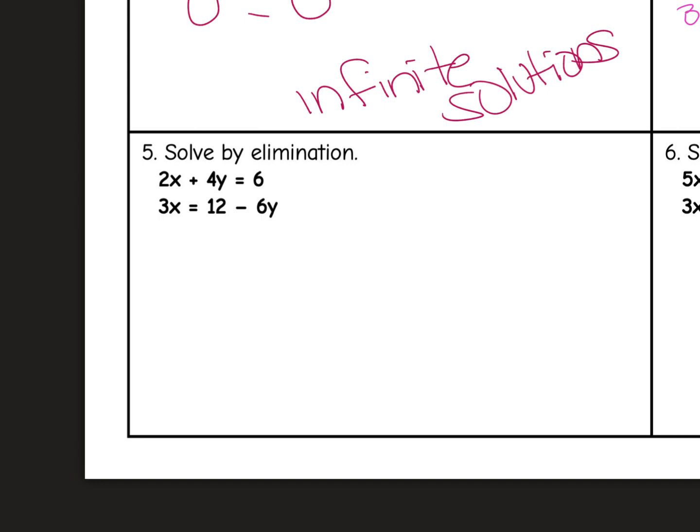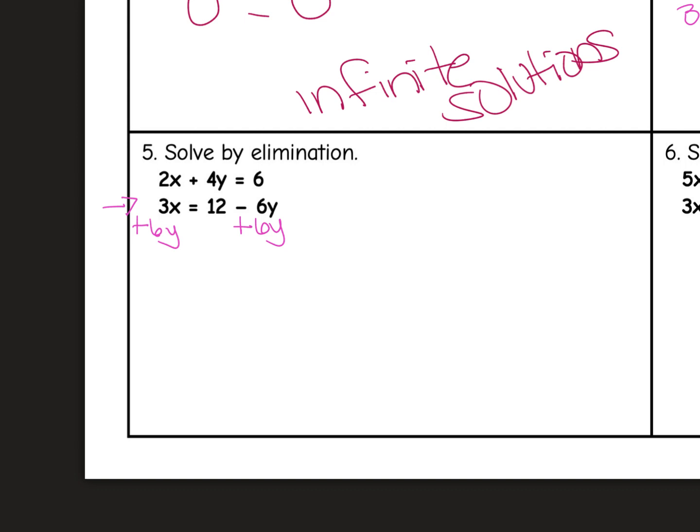So looking at number 5, both of my equations, notice that they're not in the same format. So I need to rearrange one of these equations so they're in the same format. I think I'm going to go ahead and rearrange this second equation, and I'll have my x's and y's together. So I'll put that into standard form because I notice I can easily just add 6y to both sides.